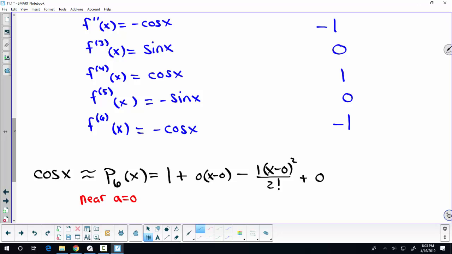Next term from our fourth derivative, coefficient is 1, x minus 0 to the fourth over 4 factorial, since that coefficient came from the fourth derivative. Fifth term is 0. Sixth term coming from our sixth derivative, coefficient is negative 1, x minus 0 to the sixth.